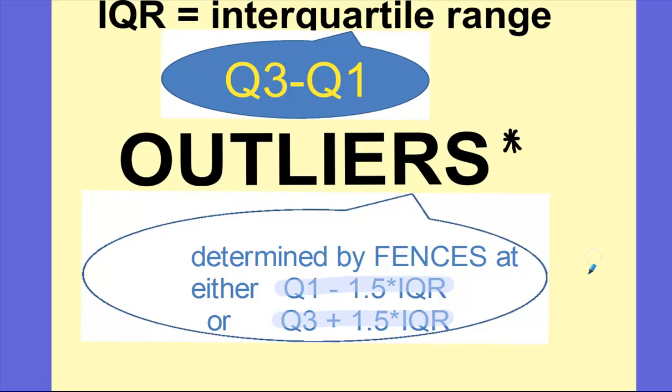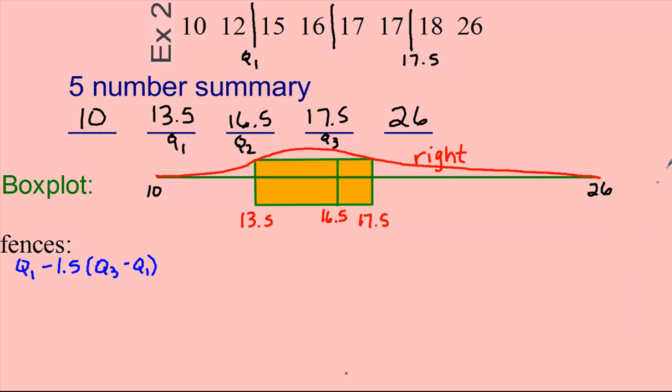So here we go. For my lower fence, I'm going to be working with the Q1. Be careful not to choose the minimum, the Q1 value.